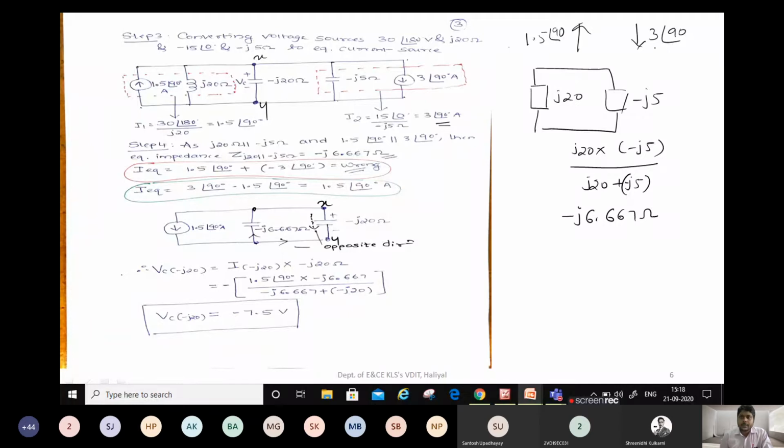If two current sources are in parallel, they can be added. But what will be the resultant current direction? It will be that of the higher magnitude. Whichever current source has the highest magnitude, you have to consider that. So the resultant direction will be like this. While doing it in the calculator, don't do it like this. This is the wrong approach. I have shown it in red color.